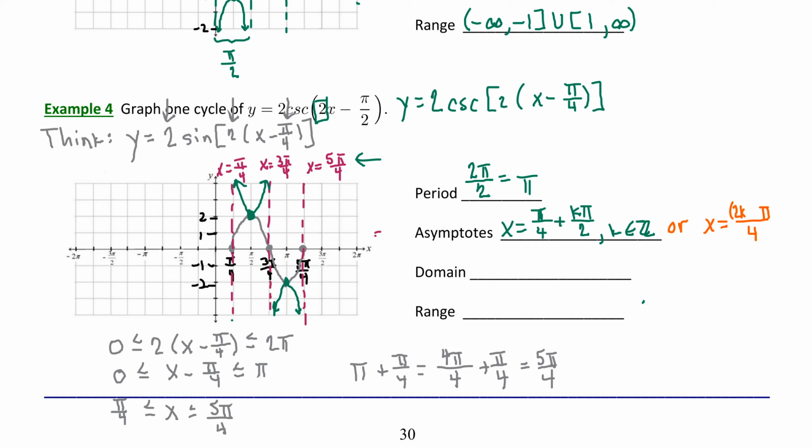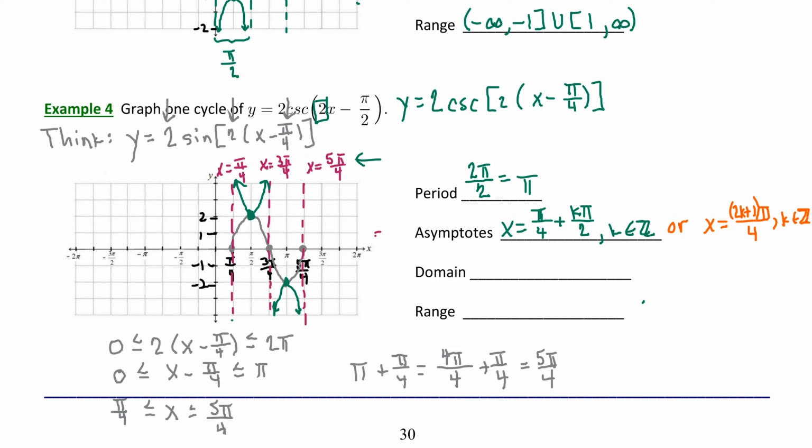If you take any integer and multiply it by 2, it's going to be even. Well, if you add 1 to that even number, you're going to get an odd number. So the way to write an odd number in code is 2k plus 1. So (2k plus 1) pi over 4 gives me the formula for every possible asymptote, but we have to specify that k is an integer.